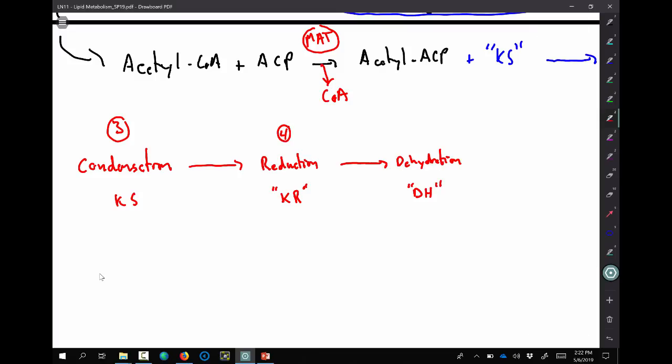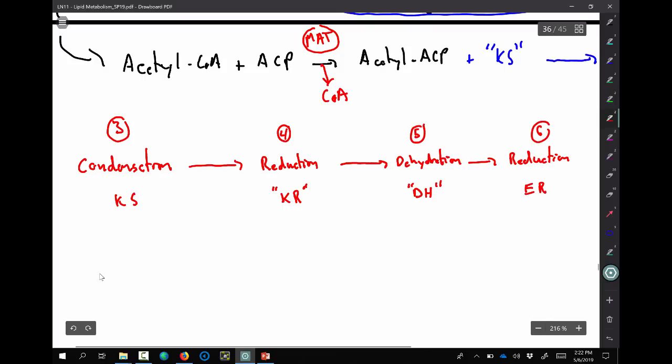Okay, this is a dehydratase. It's going to remove water. Okay, dehydration. That's step number 5. And then finally, the last step is another reduction reaction, which is going to be catalyzed by ER. Again, the R stands for reductase.